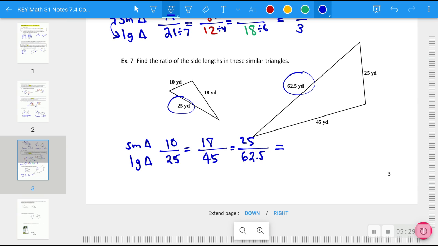Now we're supposed to find the ratio, and the easiest place to find it is here. Divide these both by 5, and that'll give 2/5. But just to check, let's see if dividing this by 9 gives the same amount. And you get 2/5.